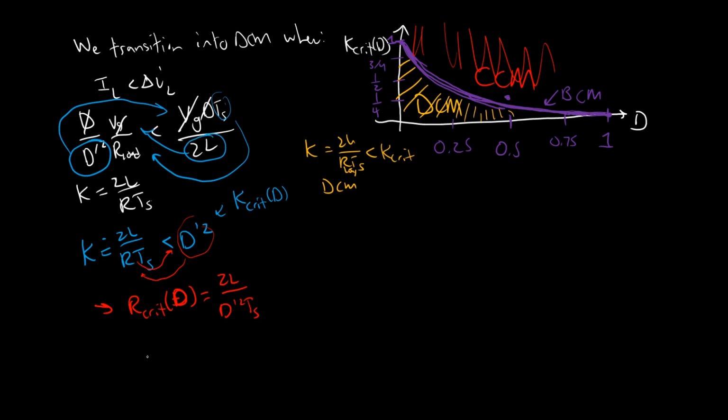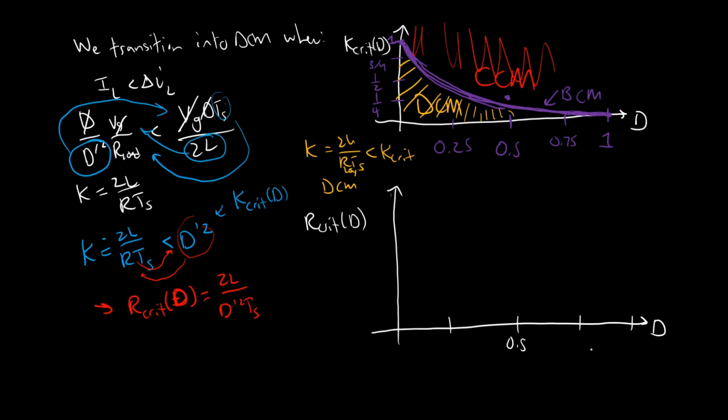Okay, cool. And we can also think about it in terms of this critical resistance. So let's do that. This is D, and we're going to plot Rcrit as a function of D. This 2L over Ts is like a constant, you could say, so I'm just going to give you the shape.